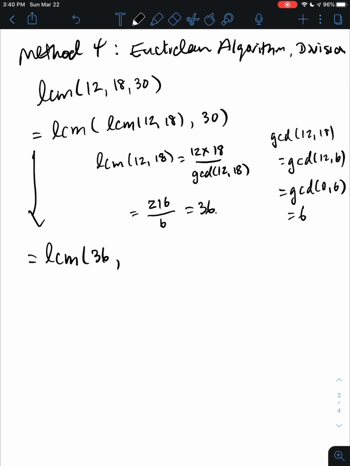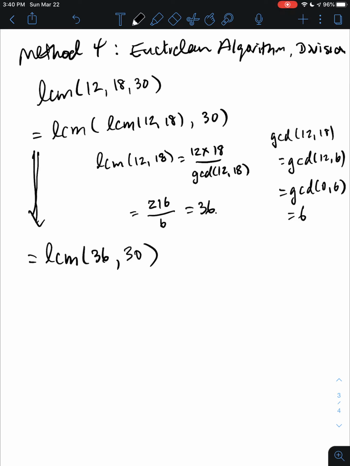Sorry. There. Sorry for the confusion. We had LCM of 12 and 18 is 36. That is the only result that I used to get down this arrow. So now the question I'm facing is, what is the LCM of 36 and 30?